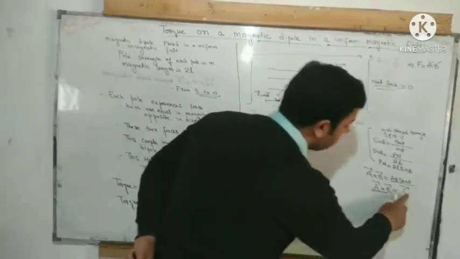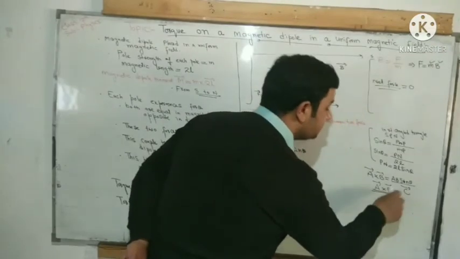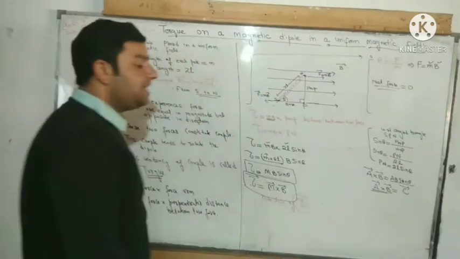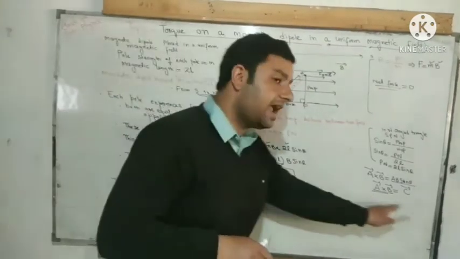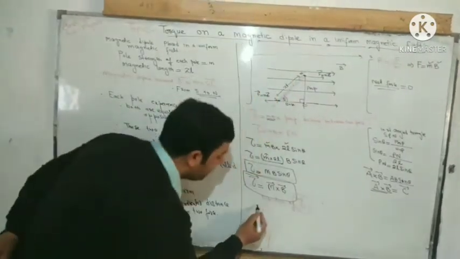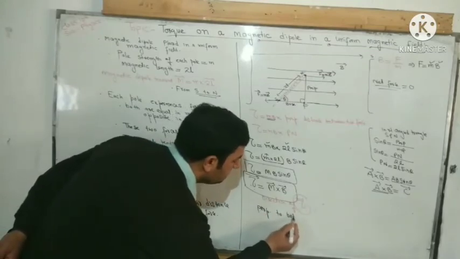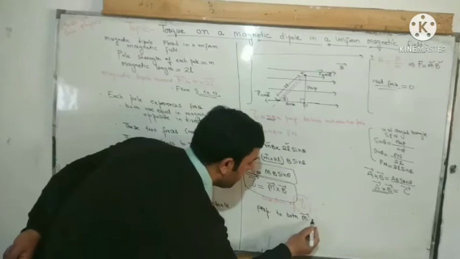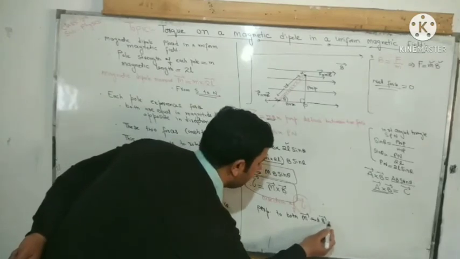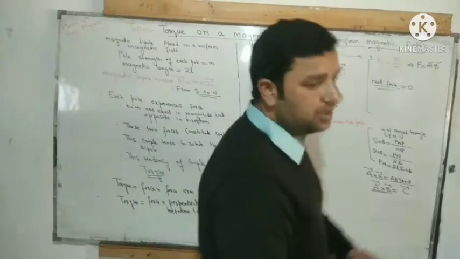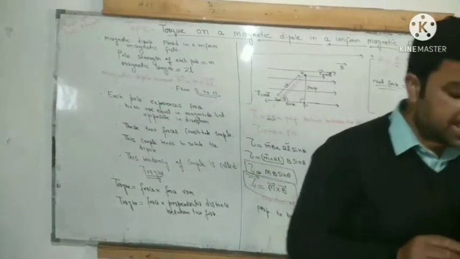So vector C has direction perpendicular to A, perpendicular to B and to the plane containing A and B. Similarly, the direction of tau will be perpendicular to both M and B and their plane. So it can be found by right hand rule or Fleming's left hand rule. We can use any rule.